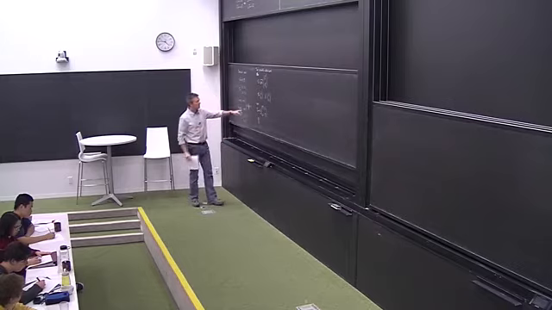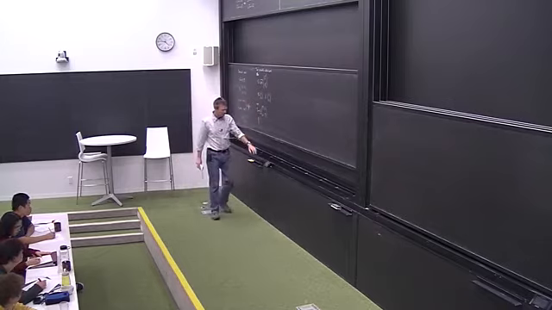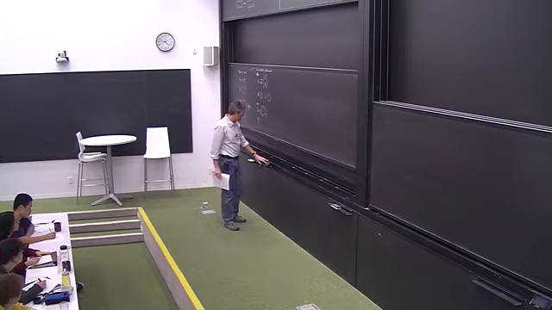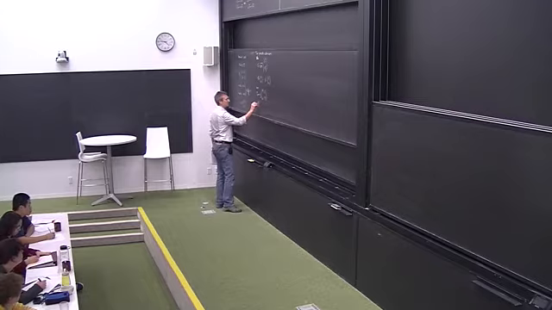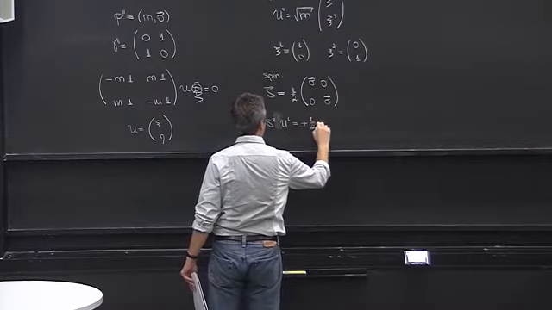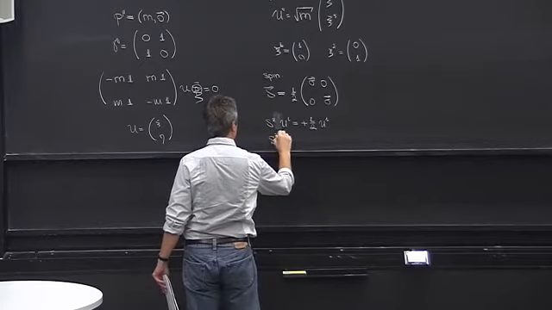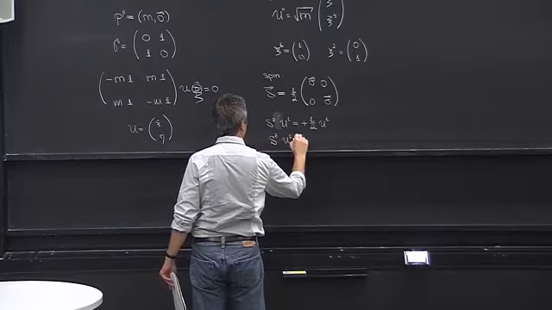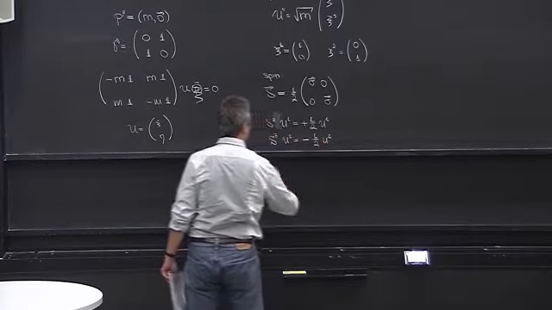So first of all, it's clear that we diagonalize S_z by choosing this particular basis, and also that S_z acting on u1 is plus 1/2 u1, and S_z acting on u2 is minus 1/2 times u2.